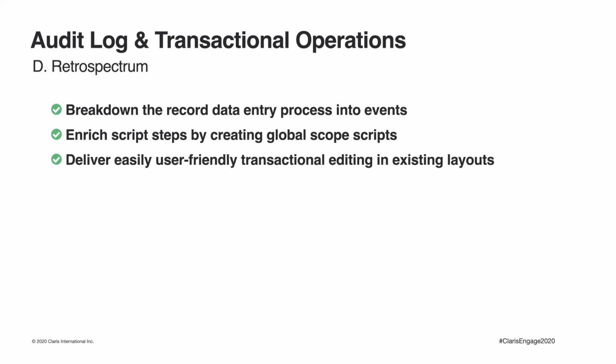Next, I demonstrated how to add the Save Cancel add-on to deliver transactional edits to existing layouts in your solutions. I then added the audit log operation in the record save and delete events to audit record data.